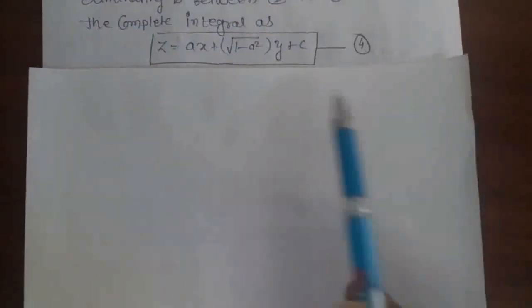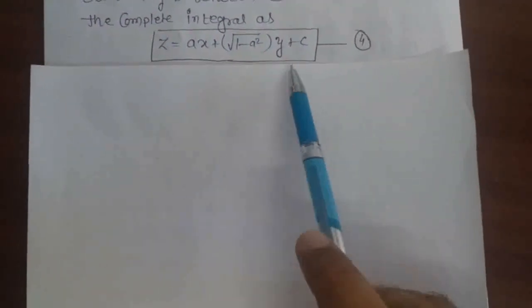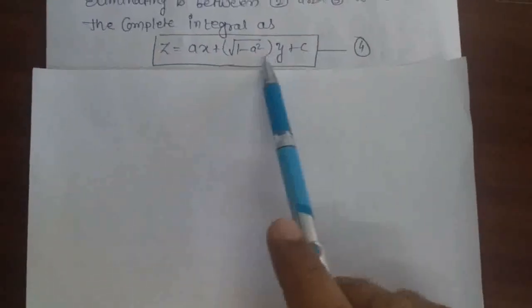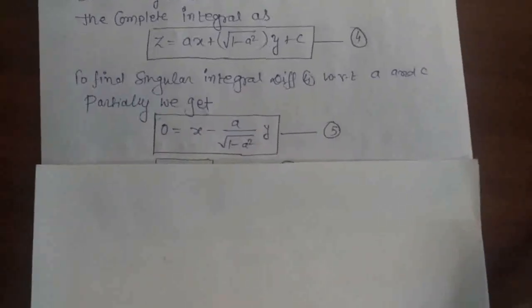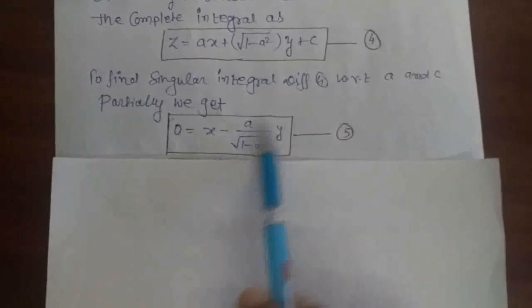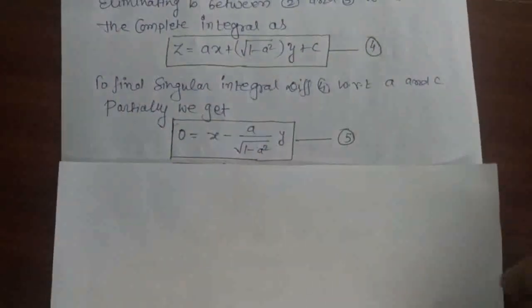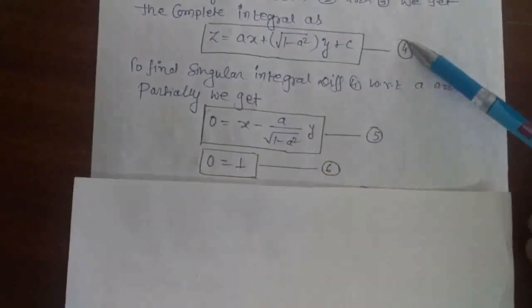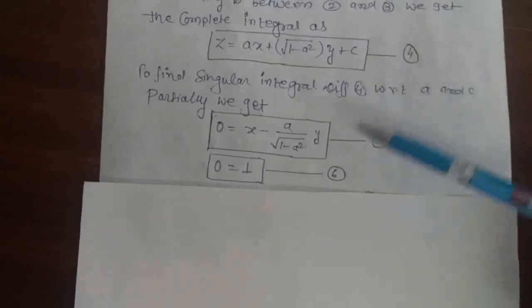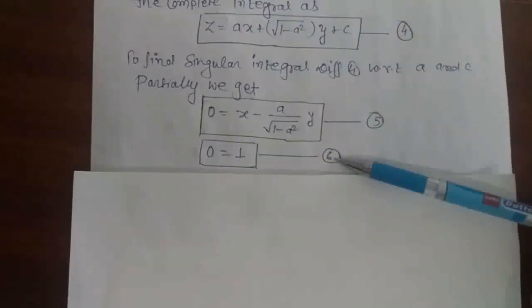Now to find the singular integral, differentiate 4 with respect to a and c partially, we get this, which is the partial derivative of equation 4 with respect to a, and this is the partial derivative of the complete integral with respect to c.